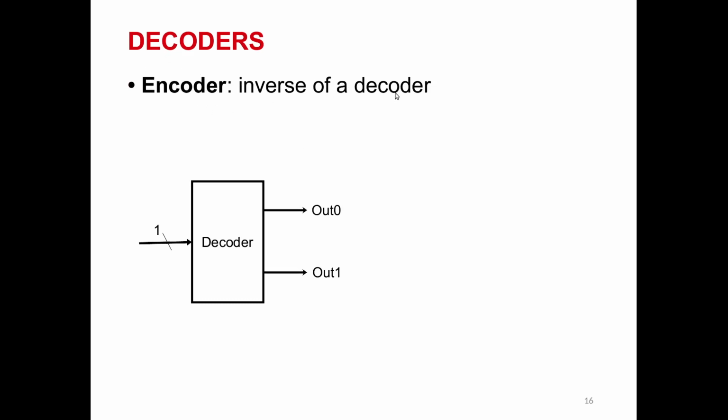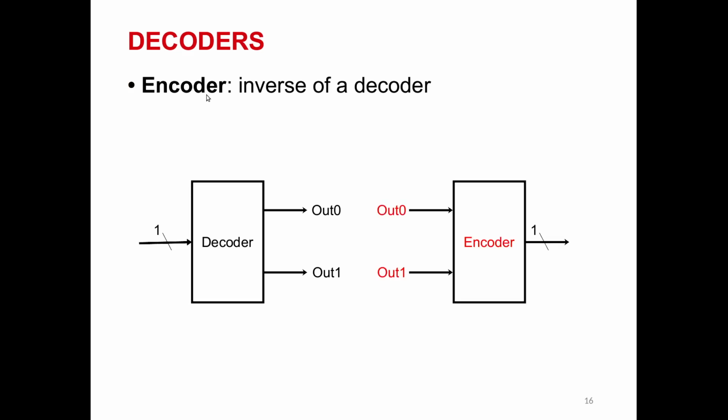An inverse of the decoder is called an encoder. And the encoder does the inverse thing. Here is a 1-bit encoder. It will have 2 inputs, either 0 or 1. If the input 0 equals 1, the encoder will make the output 0.